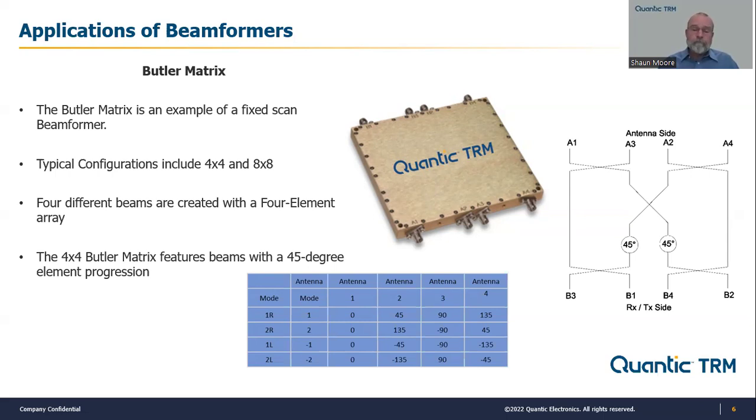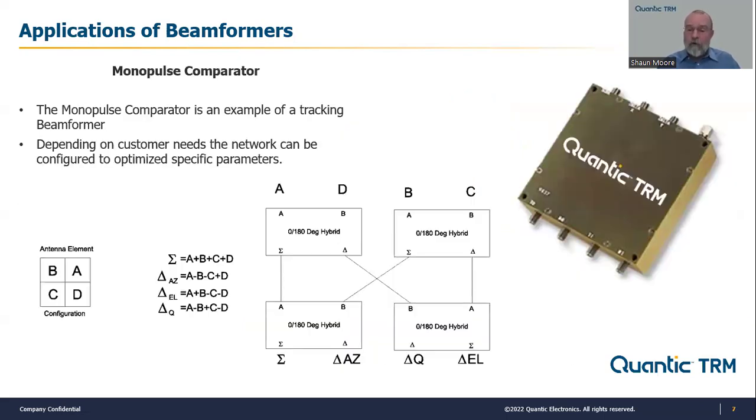I see. Now, you mentioned a few minutes ago monopulse comparators. Could you explain a bit about those? Sure. Monopulse comparators are an antenna feed network that are used in tracking systems. That's primarily the application these circuits get used in. If you look on the lower left-hand side of the screen, you see an antenna element configuration.